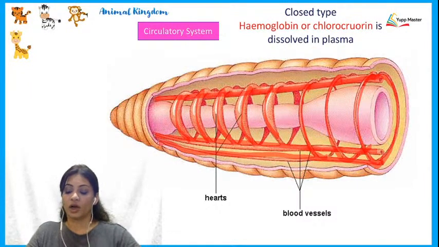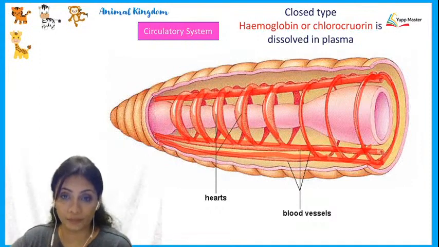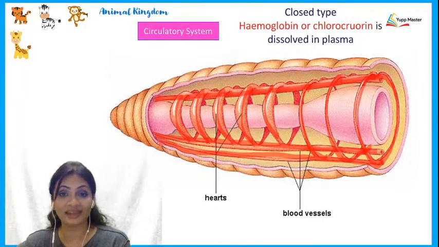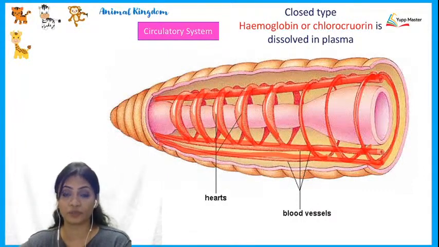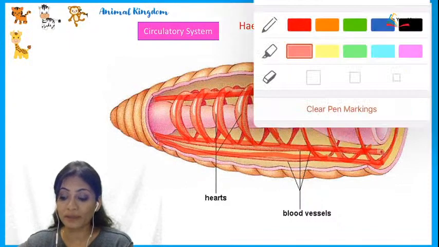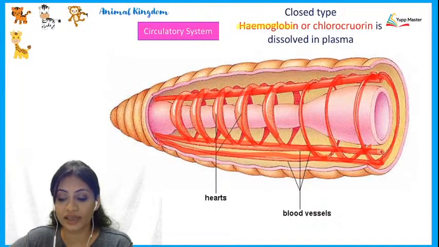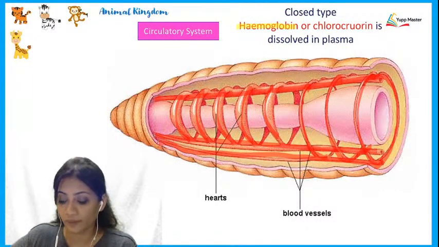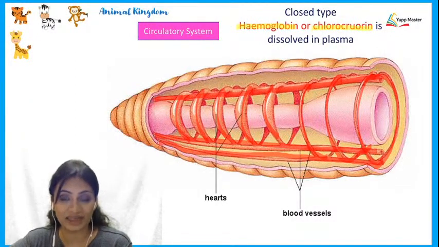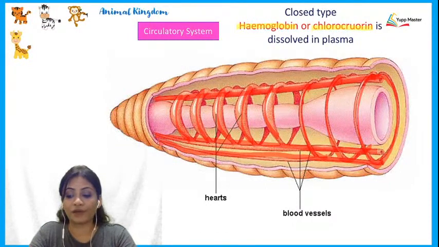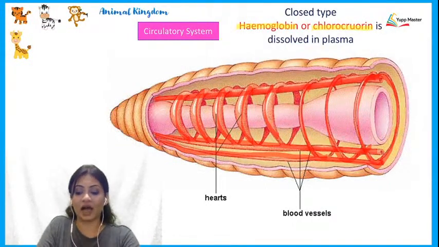Okay. Now, where is it different from our blood? Even their blood is red in color. Okay. Which means that they also have a pigment. And what is that pigment called? That pigment here also is called hemoglobin, or it is called chlorocruorin. Alright. Now these respiratory pigments that are there in our body, they are found to be present inside the RBC.